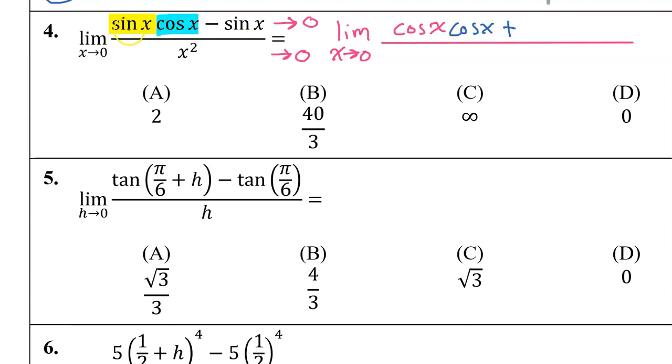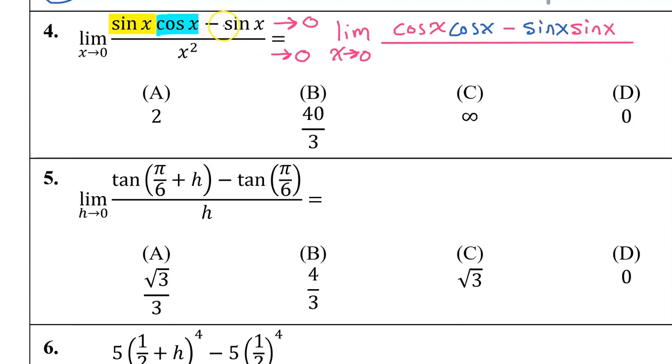The second time through, we leave the yellow function alone, and we take the derivative of the blue function. The derivative of cosine is negative sine. So I'm going to put sine x here, but because this is negative sine, I'm going to change this plus to a minus. So we have this. So that's it for the first term.